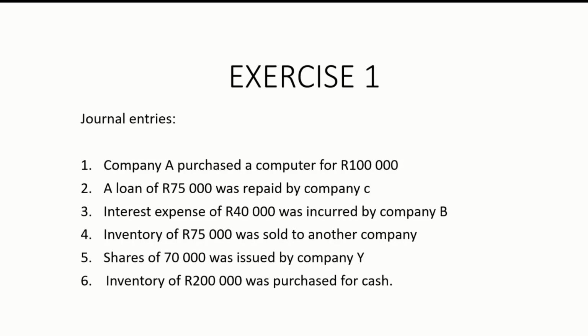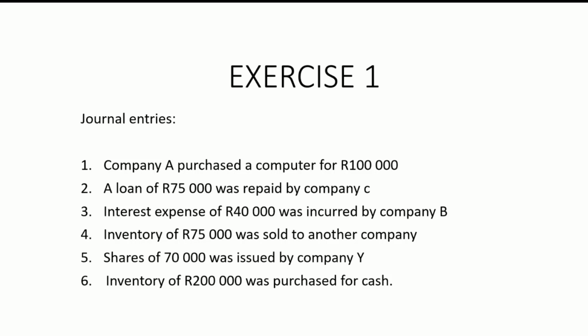And then we credit the bank with 100,000, or creditors, because they didn't specify it was cash. So you debit the computer asset for 100,000, and you credit either bank, if you paid for it in cash, or accounts payable for 100,000.